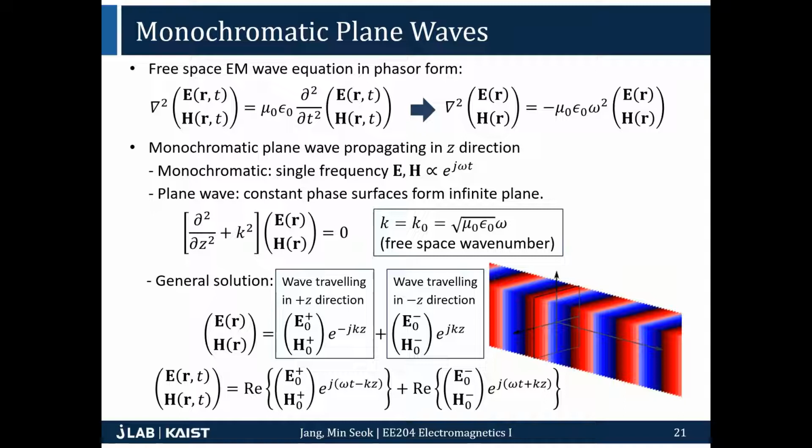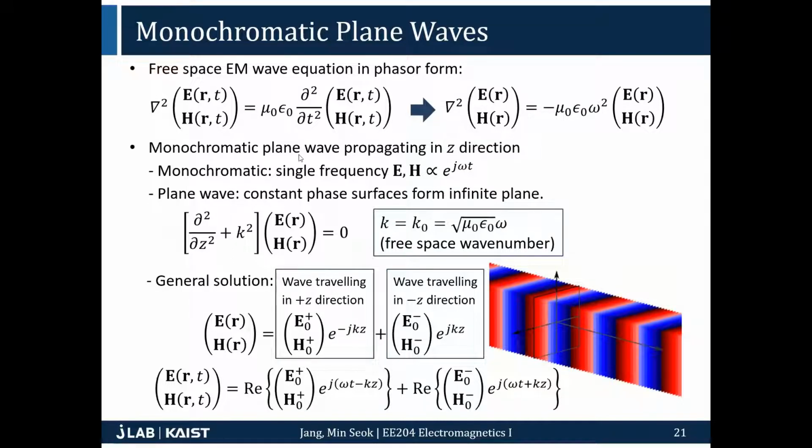Even though the situation is not monochromatic, or not a plane wave, we can describe it as a series of plane waves with different k vectors and different omegas. So in that sense, this solution is still important. I hope this explains the question.